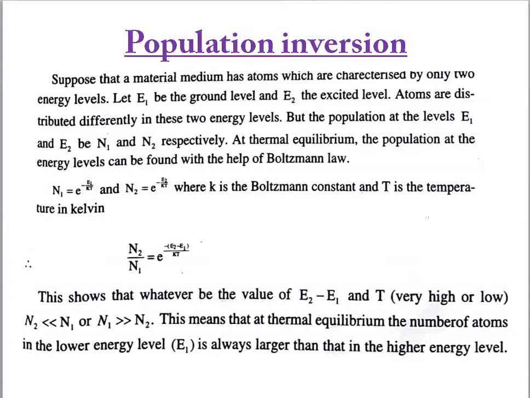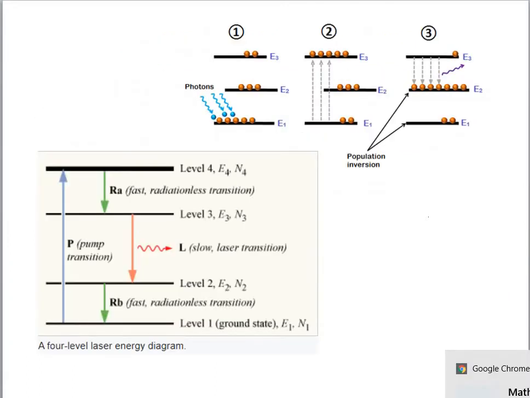The distribution of atoms among the energy levels is termed normal distribution. So when N1 is very much greater than N2, we say that it is a normal state or normal population distribution.